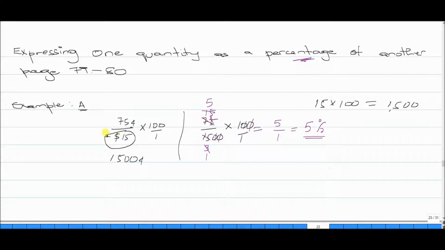So to conclude, what percentage of $15 is 75 cents? 75 cents would be 5% of $15. Please remember that our denominator comes after "of", our numerator comes after "is", and our units must be the same.